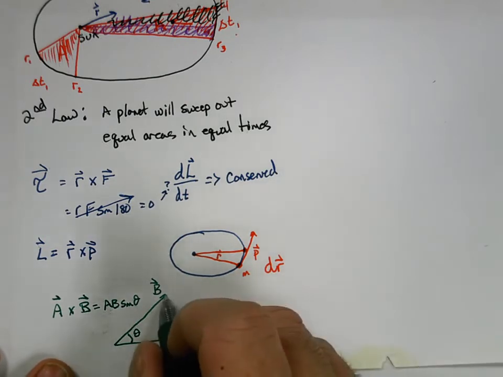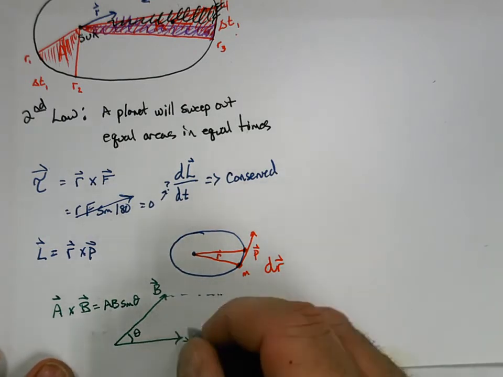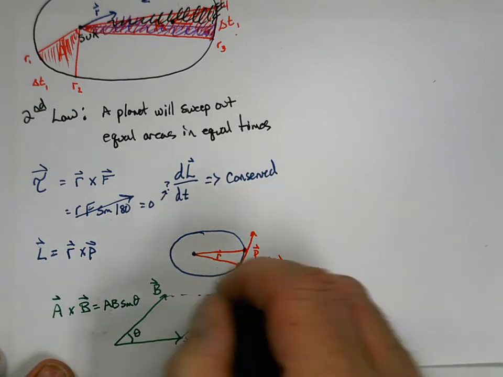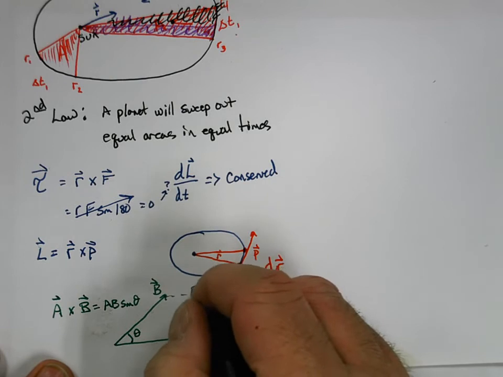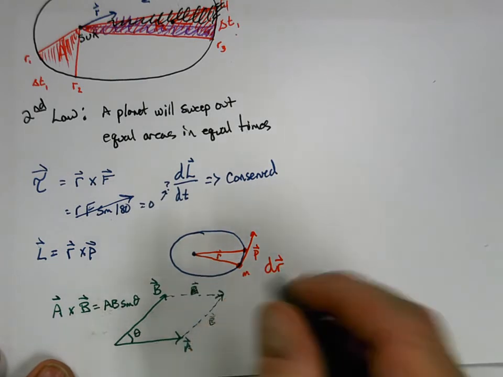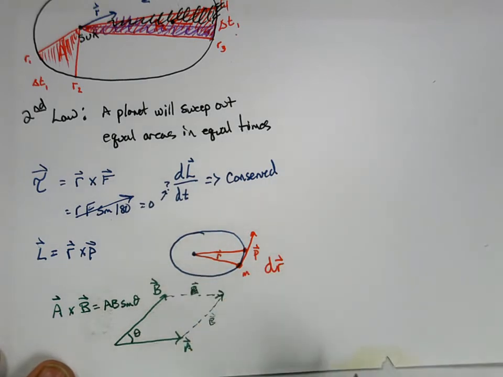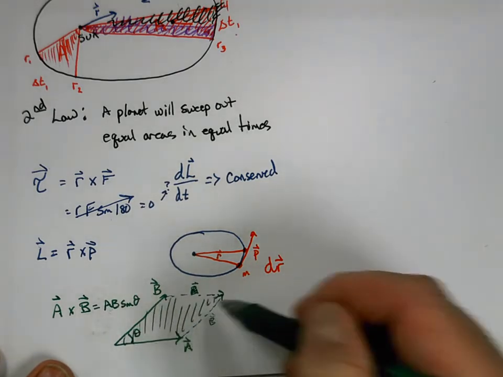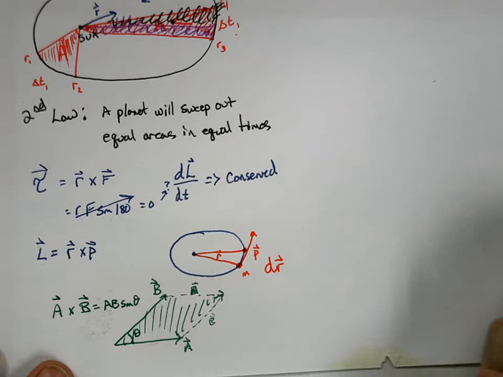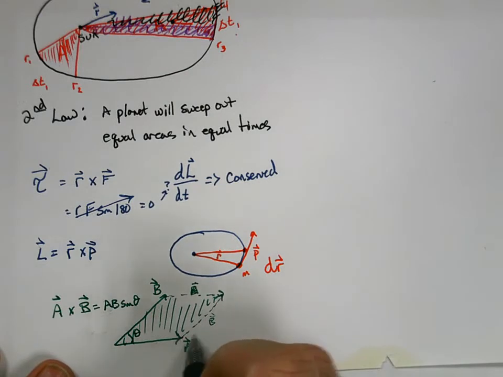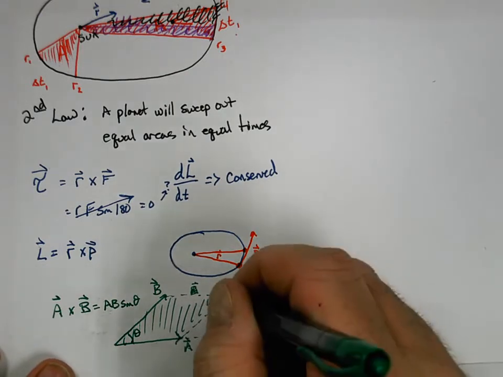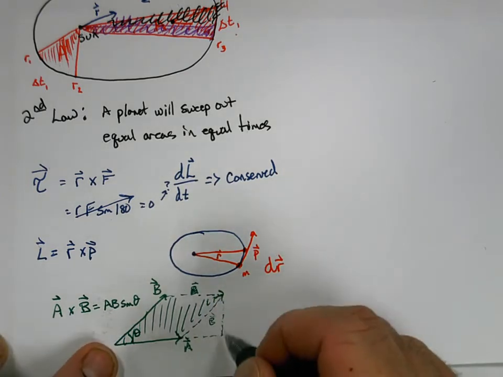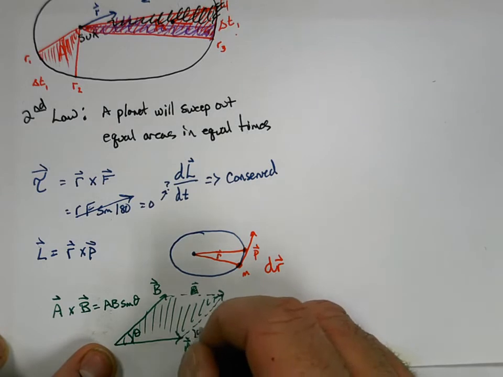Well, what happens if we draw new versions of A and B, and here's A, and here's B, a ghost B. What is this area? Well, how do you find the area of a parallelogram? We do base times height, right? So the length of this base times the height of this. But if this is theta right here, what's the height over here going to be?